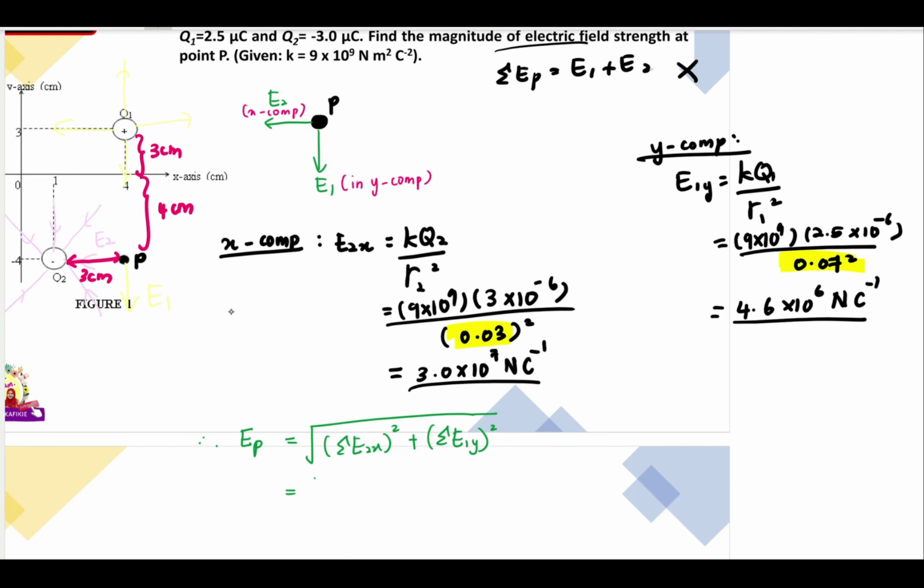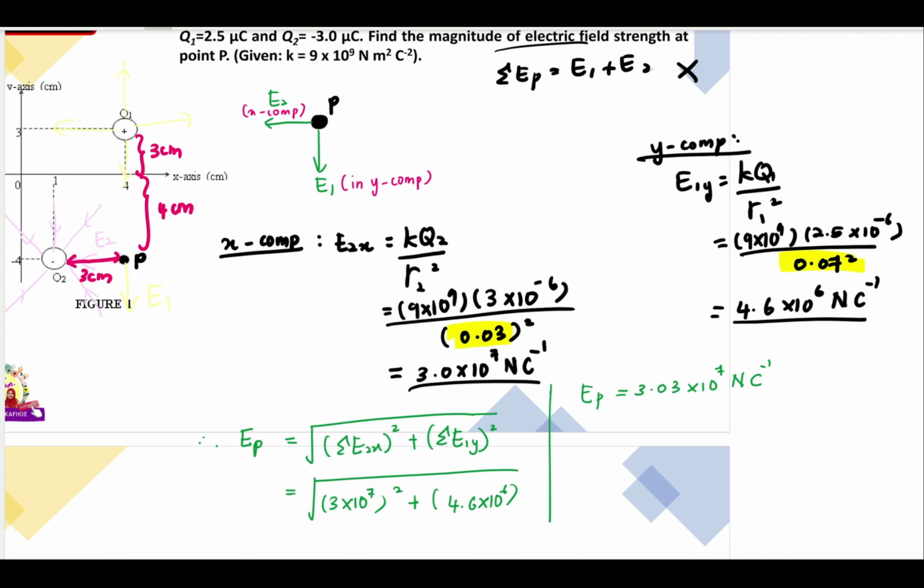So, kita substitute sajalah. Berapa tadi kita dapat? X kita 3. Square jangan tertinggal ya. Y 4.6. Okay. So, EP is equal to 3.03 exponent 7 Newton per coulomb.